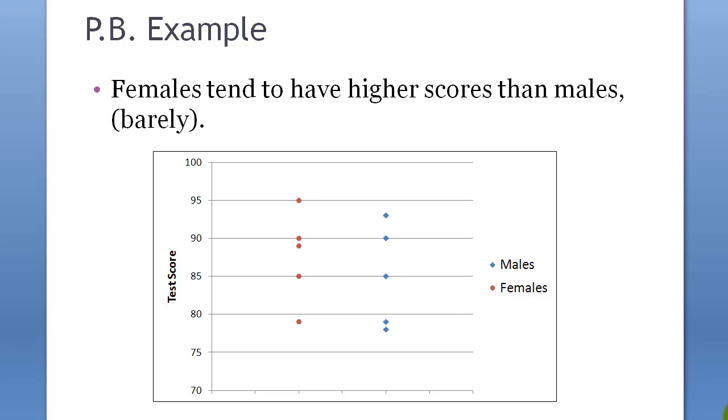This is 0, female, and this is 1, male, and you get all the scores like this. Females tend to have higher scores than males when you look at that. So this is also very different. The scatter plot is going to be different too, compared to the previous examples.